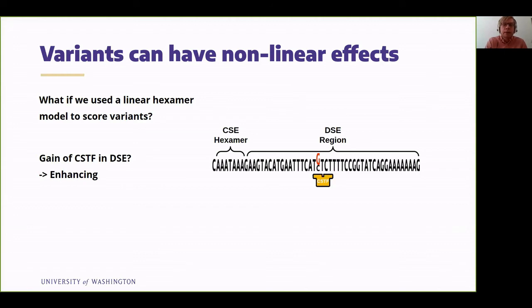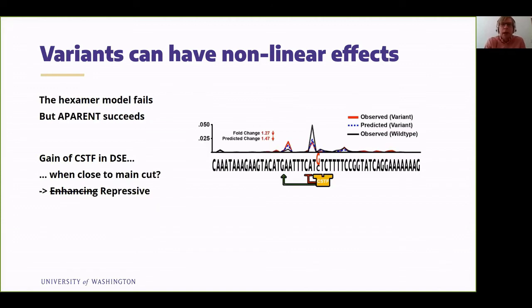In fact, this mutation creates a canonical CSTF binding site. And any hexamer model would say that introducing a CSTF canonical binding site in the downstream region is going to increase the efficiency of this poly-A signal, right? Because good CSTF binding is very highly correlated with strong poly-A signals. So this has got to be an enhancing, gain of function variant. But that's not actually the case.